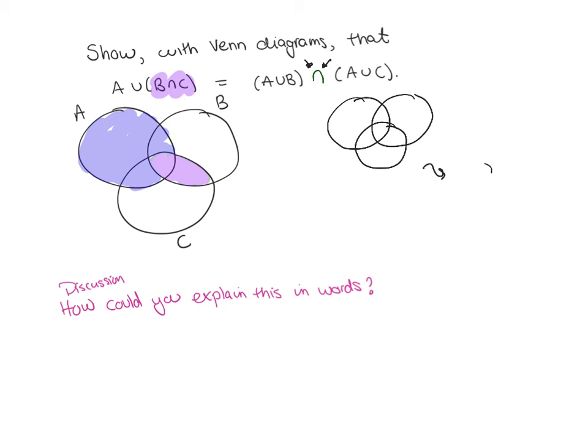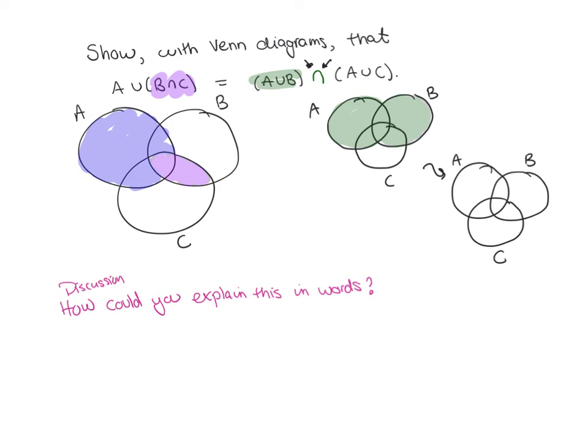So I might want to do this twice, sort of some scratch work, and then my final Venn diagram. So I'll draw that twice so that we can do that. So first, I'm just going to think about my A union B. So A union B is the stuff that's in A together with the stuff that's in B. So that's A union B.